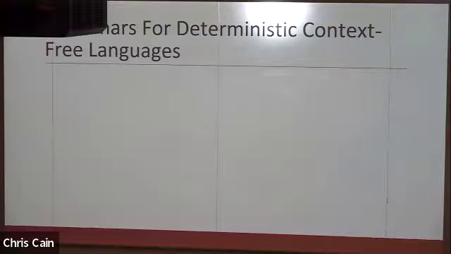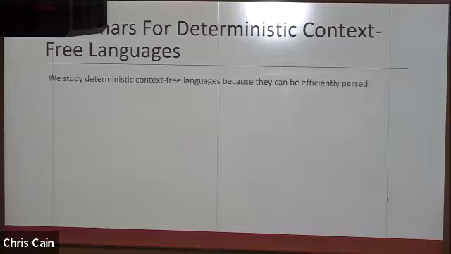So since the non-deterministic context-free languages and the deterministic context-free languages are different language classes, it makes sense to consider: all right, we can't just map context-free grammars to the same class of languages that a deterministic pushdown automaton would accept. So what changes need to be made to grammars to represent that same class of languages that a deterministic pushdown automaton could accept?